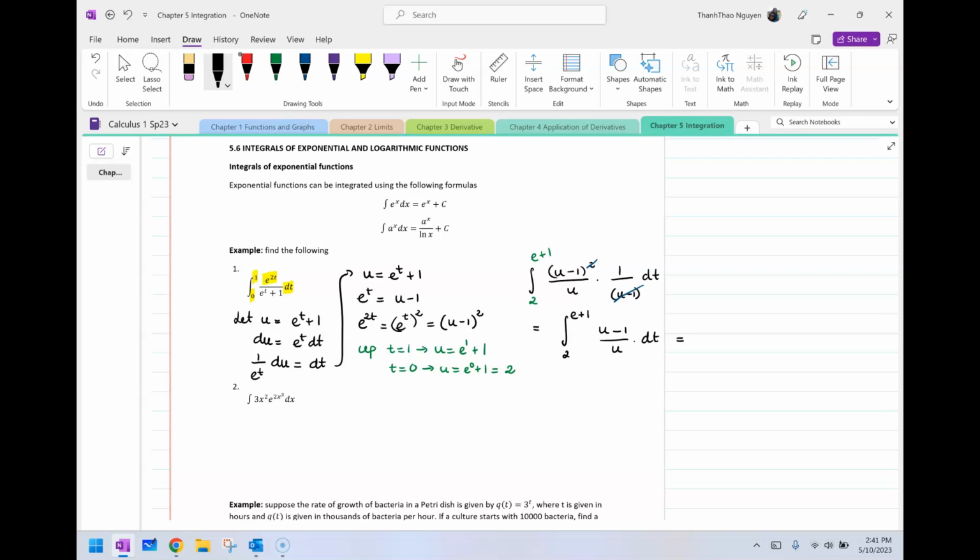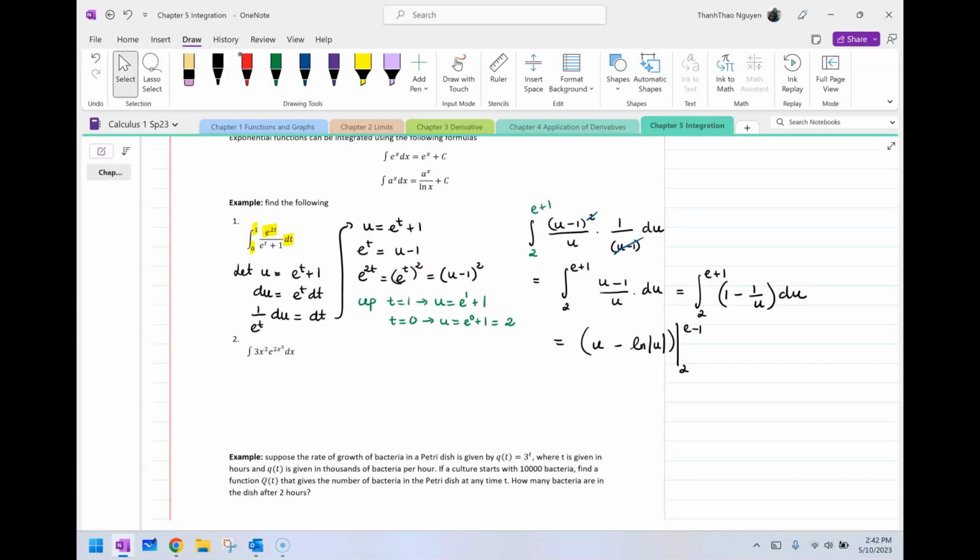This equals the integral from 2 to e plus 1 of 1 minus 1 over u. Excuse me, this is du, right? Not dt anymore because we already changed it. So this is u minus ln of the absolute value of u, evaluated from 2 to e plus 1.